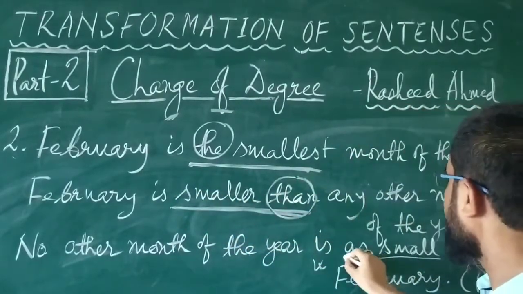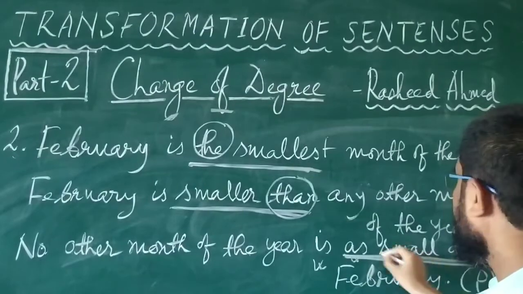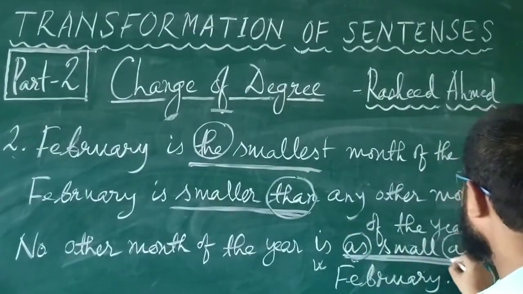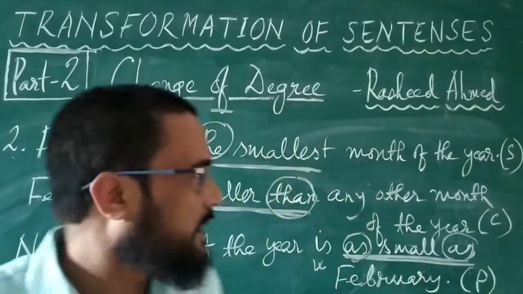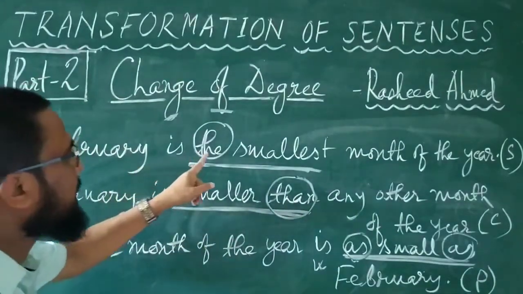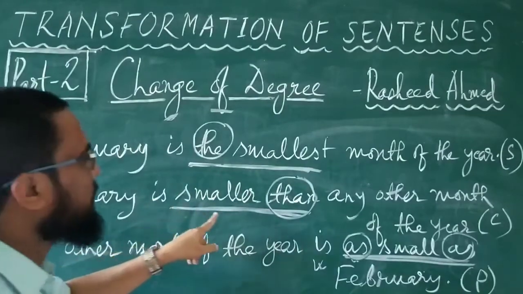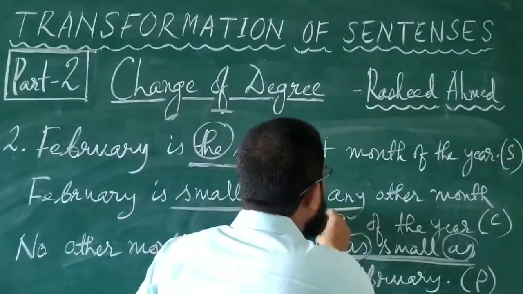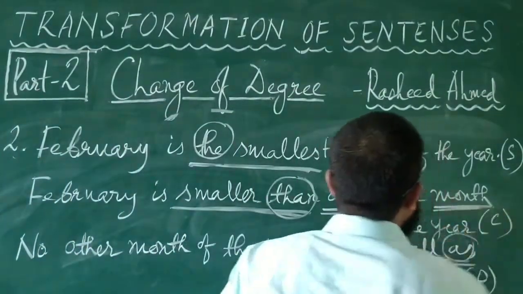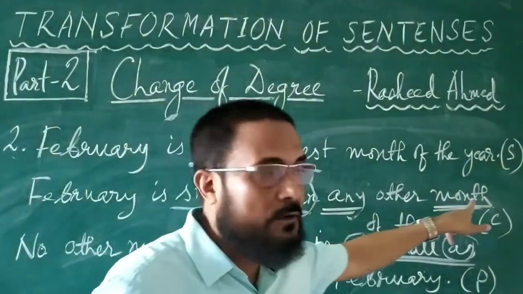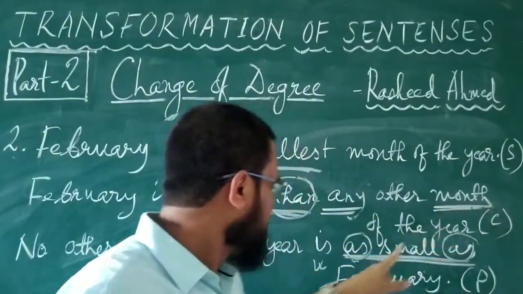You have to underline as small as. And then again you have to underline: February is the smallest. This you have already underlined. February is smaller than any other month. Any other month, singular number, not months.